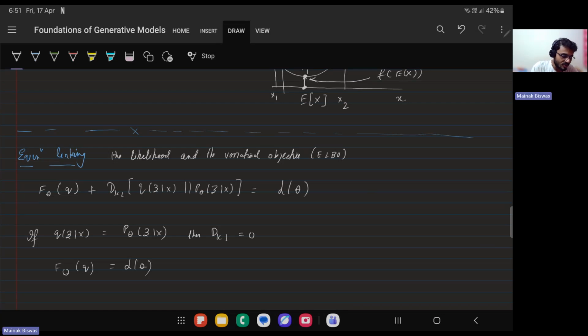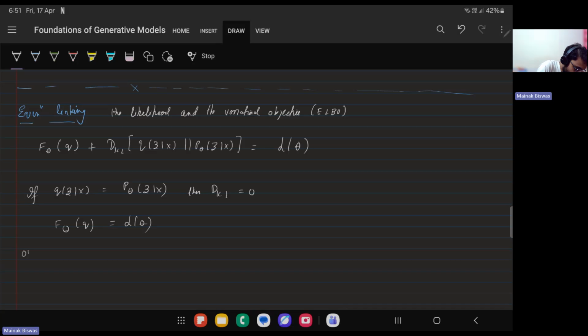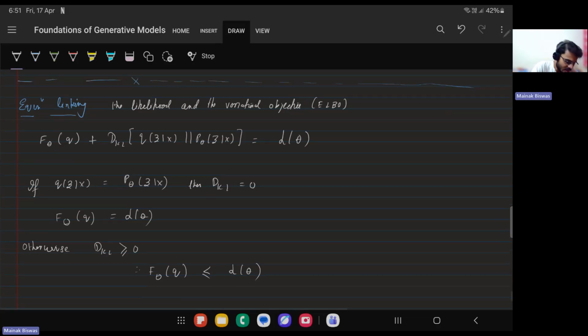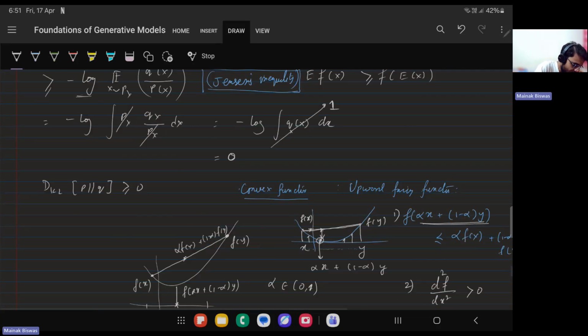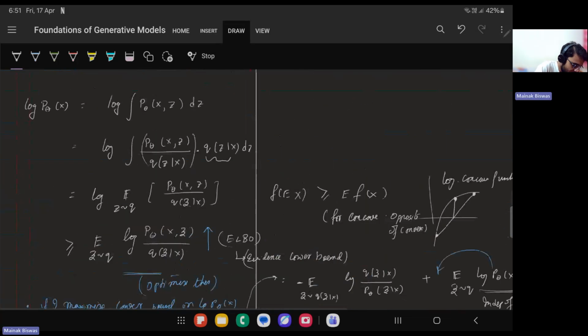This is a very important observation. Otherwise, D_KL is greater than 0, and therefore F_theta(q) has to be less than L_theta. So this is what we had shown just now.